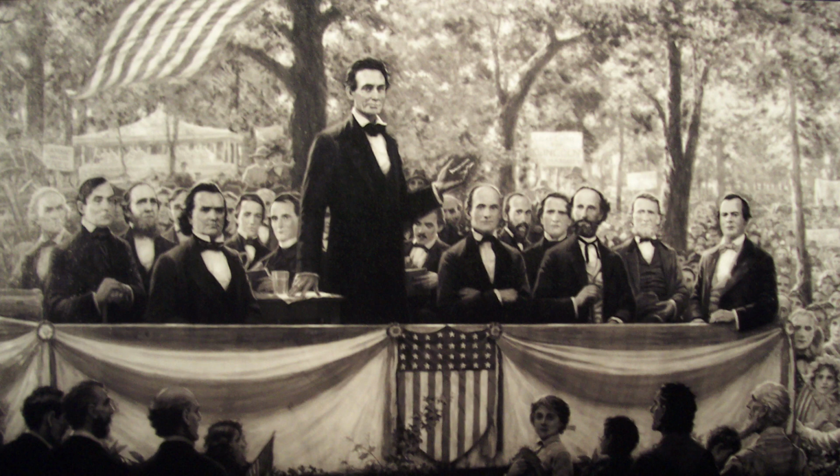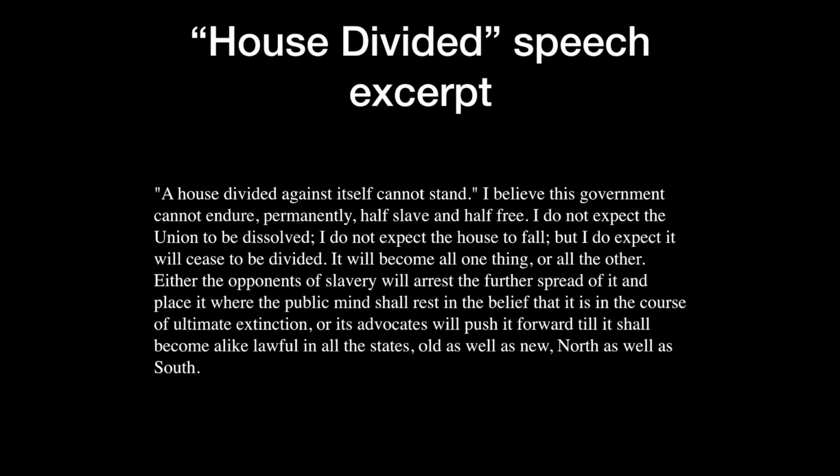Lincoln's stance on slavery, and specifically the Dred Scott decision, was laid out in his famous House Divided speech. In the speech, Lincoln proclaimed, "A house divided against itself cannot stand. I believe this government cannot endure permanently half slave and half free. I expressed this belief a year ago, and subsequent developments have but confirmed me. I do not expect the Union to be dissolved. I do not expect the house to fall.